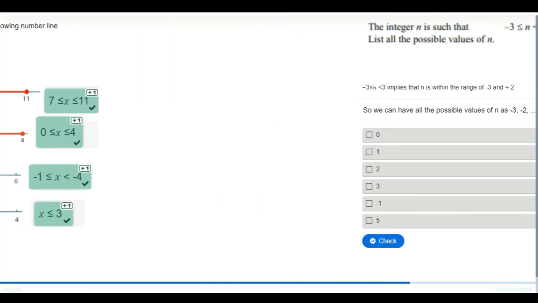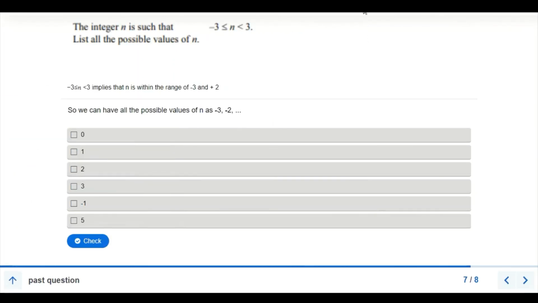So let's go to the next slide. This is the first question. They are telling us here that within this range, we should list the value of n from -3 to +3. So that implies that the value range is going to be starting from -3 and stop at 2. Why? Because n is less than 3. So 3 is not going to be in our value.